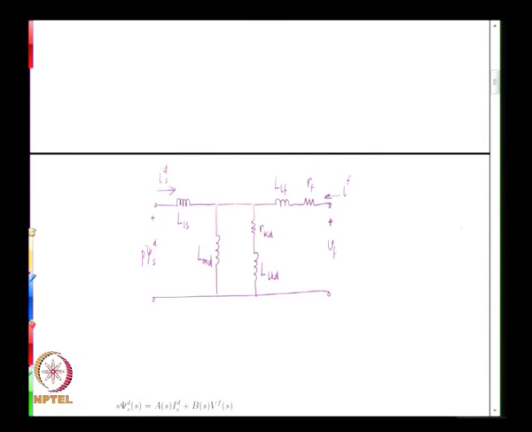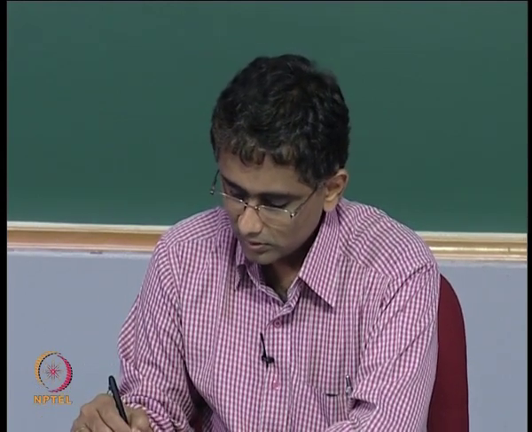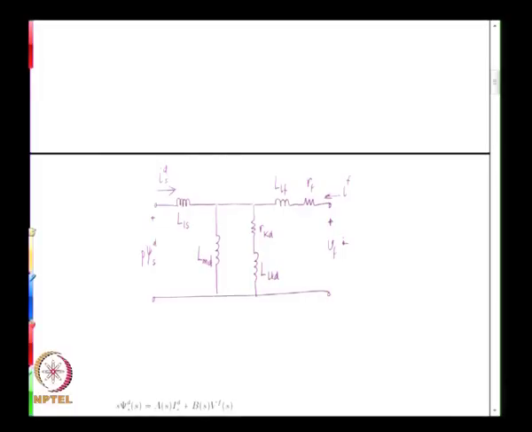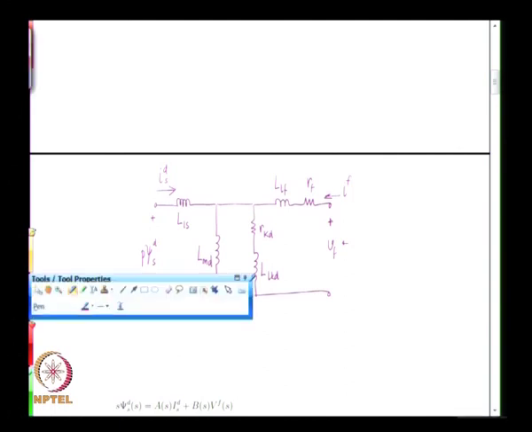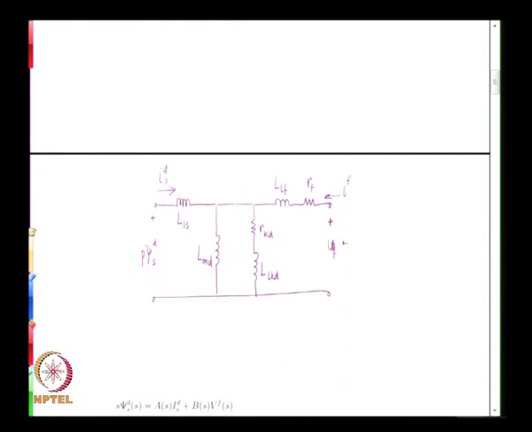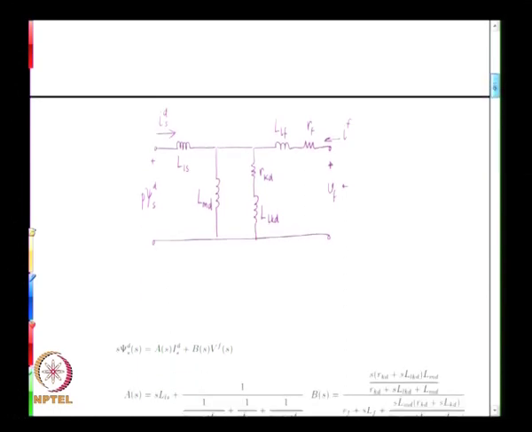So, this circuit being a simple circuit which has one input here, we may consider Ids as another input. So, if we consider Ids as one input and Vf as another input, then P psi ds can be written as a function of these two input variables, that is in this form.